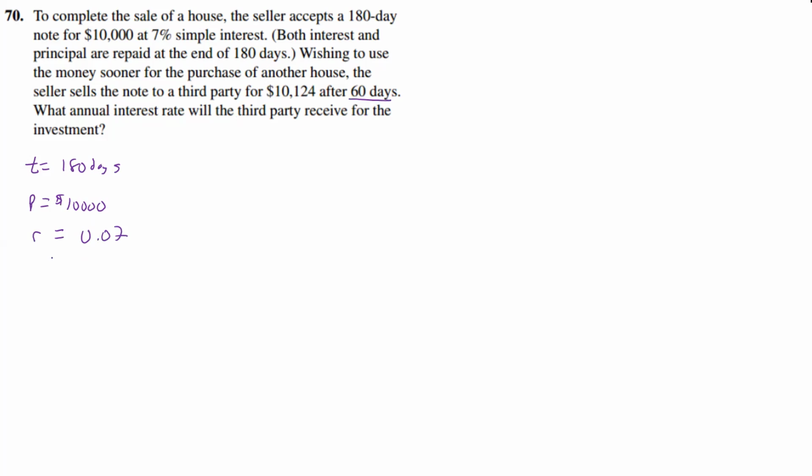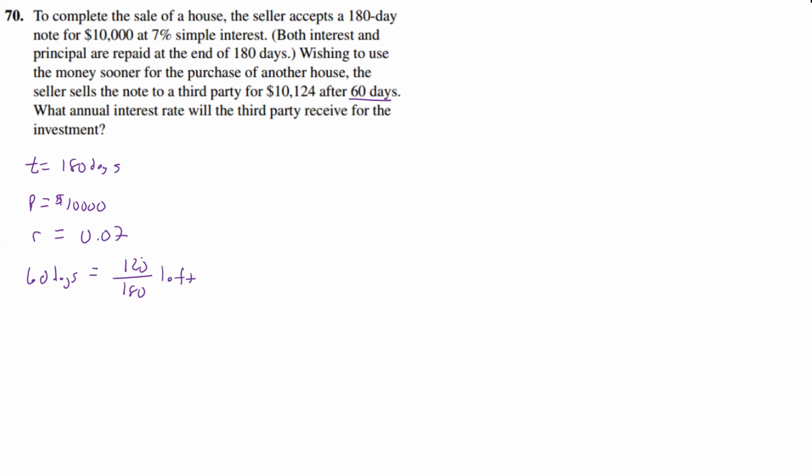So how long is 60 days? Out of the 180 days, how many days are left? Well, take 60 from that, it's going to be 120. And so that's going to give us 120 out of 180 days left, because we waited 60 days.